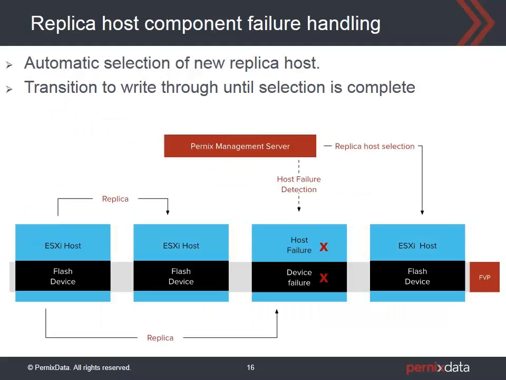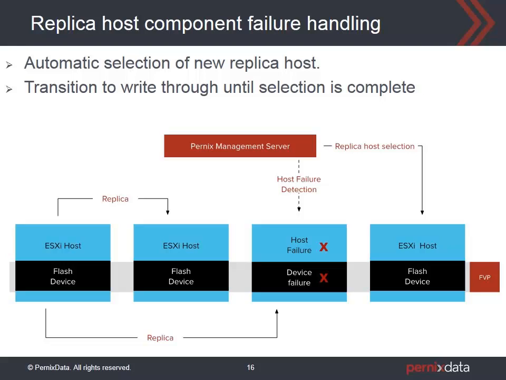Now, every host has 2 replica hosts assigned to it. That is done by the Pernix MS server. Now, what if a replica host fails? The virtual machine on the local host is still good. It still runs. It still can use the flash device, so it can be accelerated. But because we cannot guarantee the policy, because we cannot guarantee the data availability, we're going to switch back to write through again.